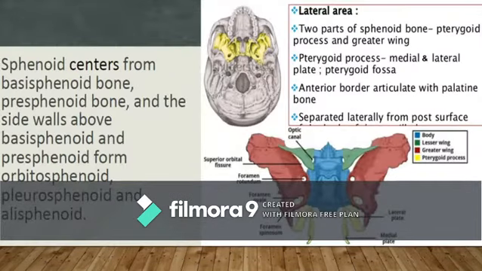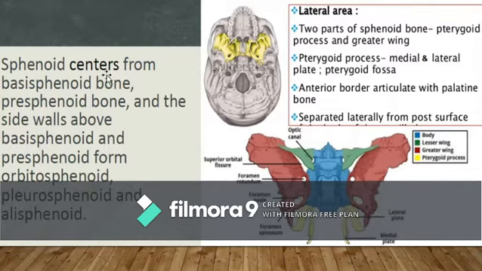Next, the sphenoid center. The sphenoid center forms the basisphenoid bone and the presphenoid bone, and the side wall above basisphenoid and presphenoid forms into orbitosphenoid, pleurosphenoid, and alisphenoid.